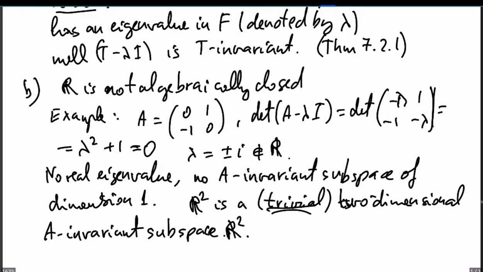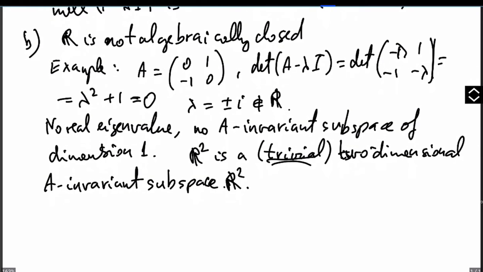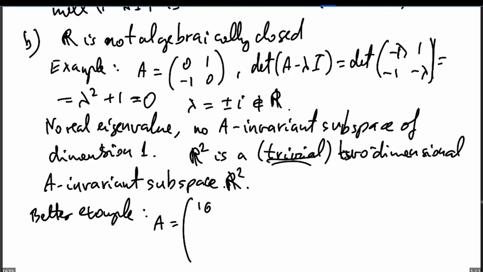So this is trivial because it's a subspace of R2, but it's actually equal to the whole vector space. Maybe a better example is to have a 4x4 matrix, although this is large. We will see why we're not going to consider 3x3 matrices in the next theorem. But as an example, let's look at a 4x4 matrix with these entries.